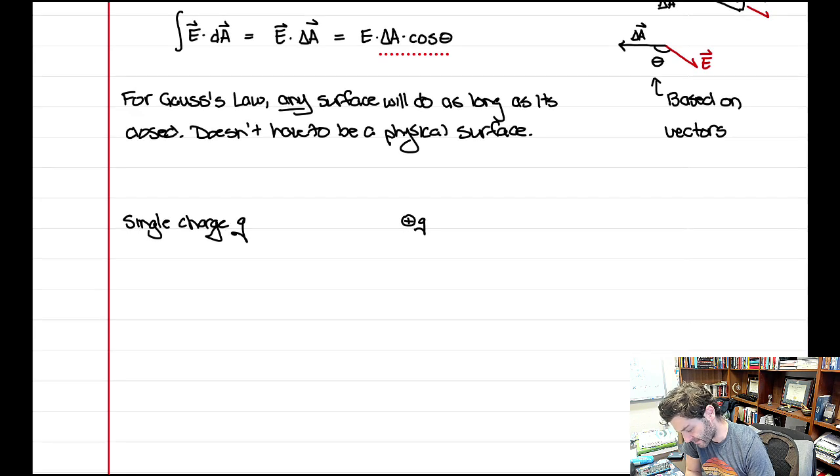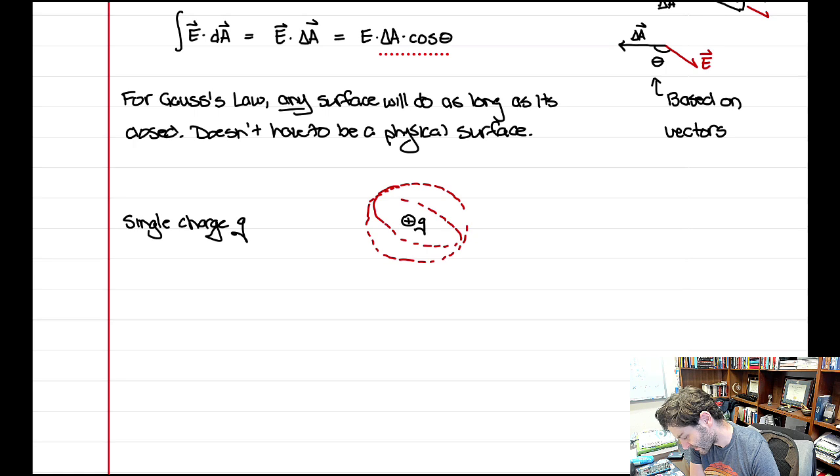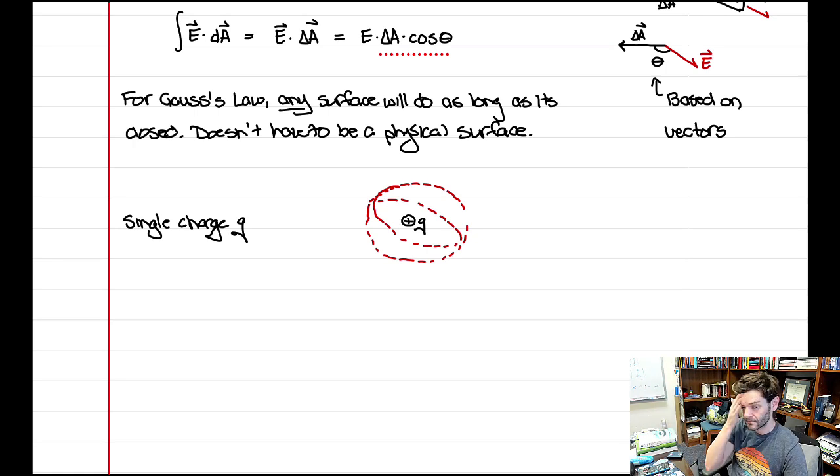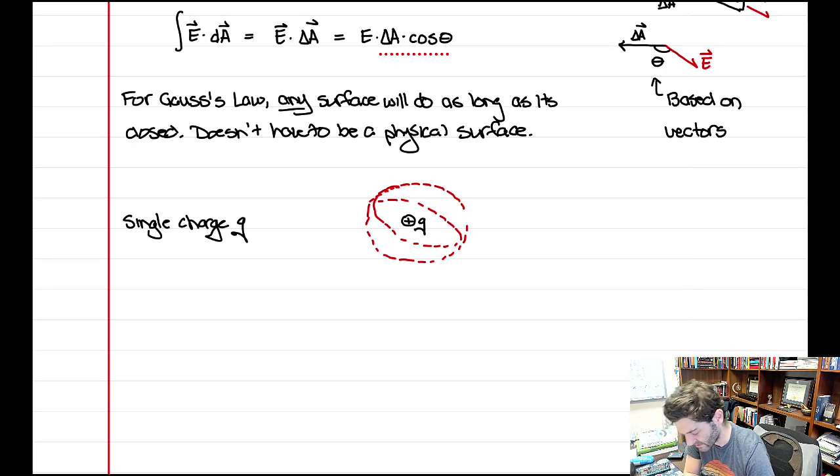Again, this example is just about thinking about flux. So you can imagine if I were to draw a sphere around this charge, and I don't have to go build a sphere, but I could just imagine the ghostly outline of a mostly transparent sphere surrounding this charge, and that is what's sometimes called a Gaussian surface.